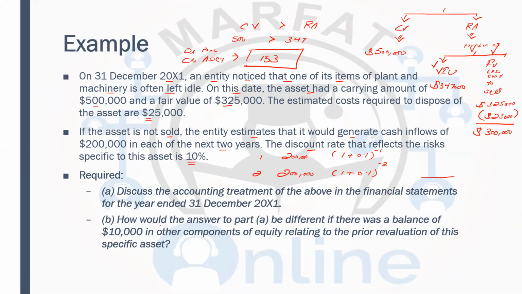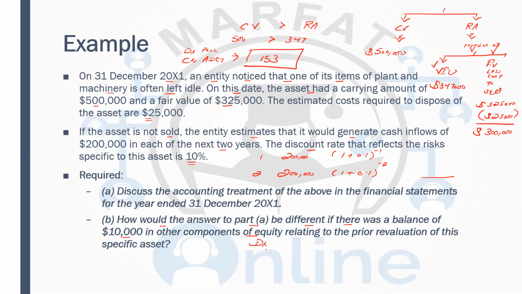Then they ask, how would the answer to part A, which we have calculated, 153 as the impairment loss, be different if there was a balance of 10,000 in the other components of equity relating to the previous revaluation of this specific asset? So you got the impairment loss of 153 and you already have a revaluation surplus related to this asset of 10,000.